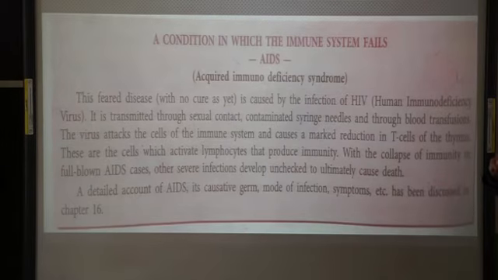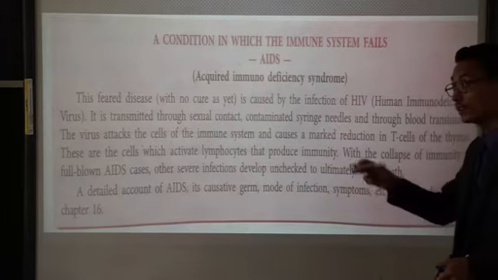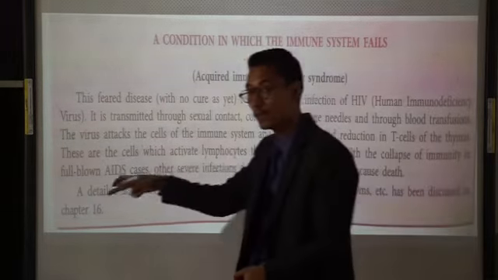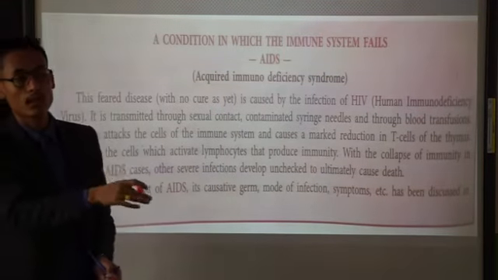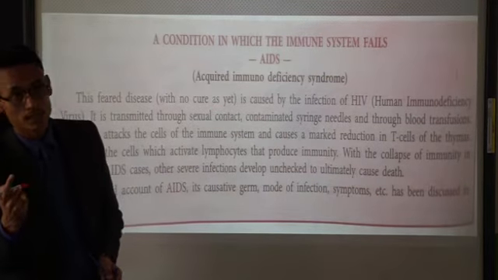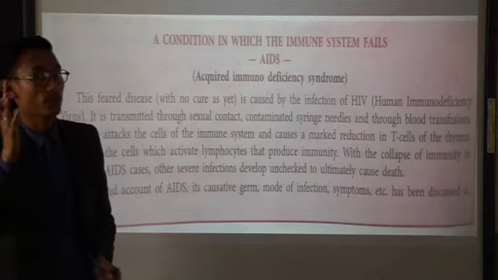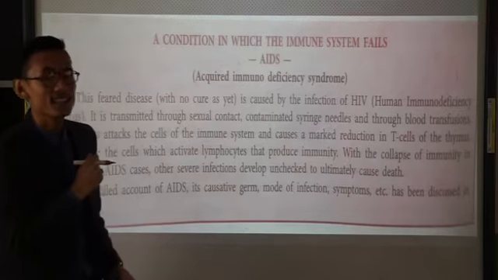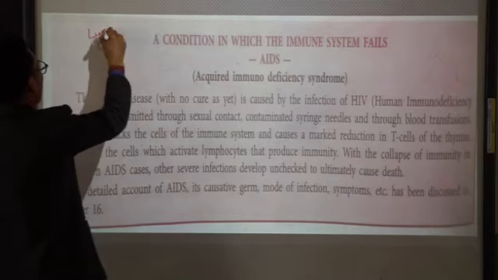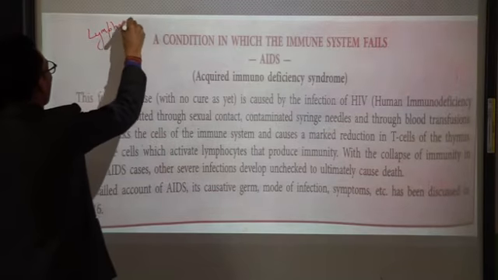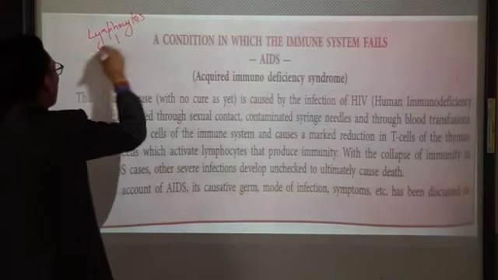There are two types of lymphocytes, B lymphocytes and T lymphocytes. We have already discussed the types of WBC, and we learned that lymphocytes are of two types, B lymphocytes and T lymphocytes.